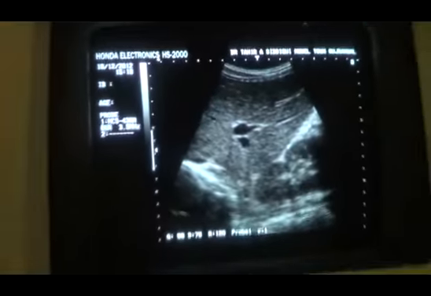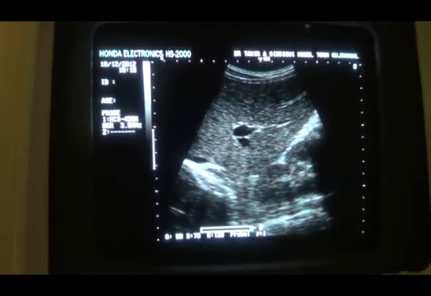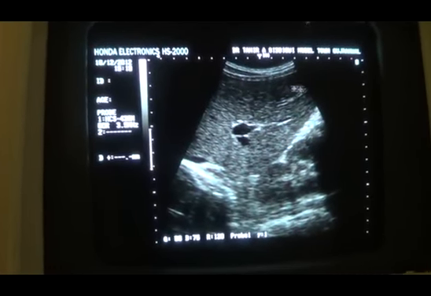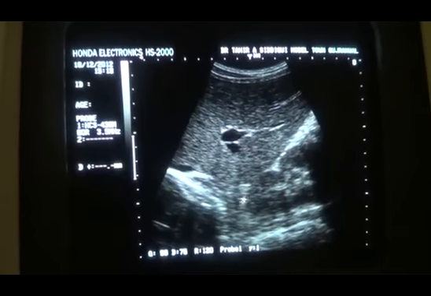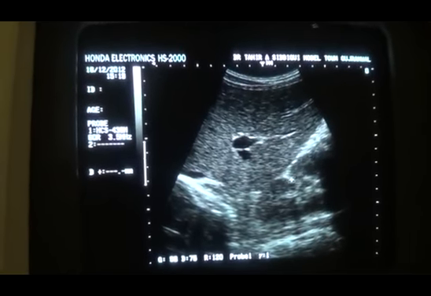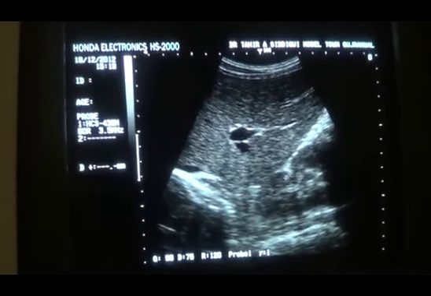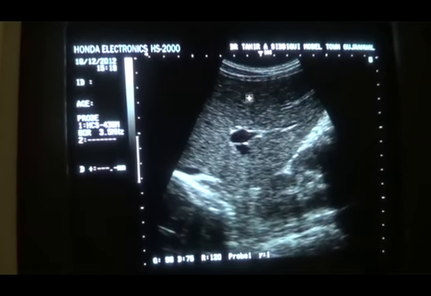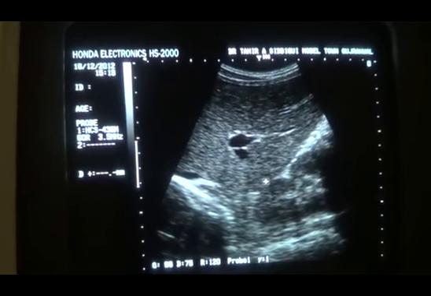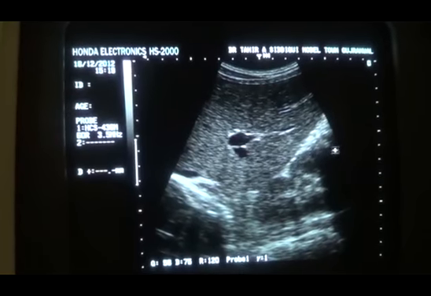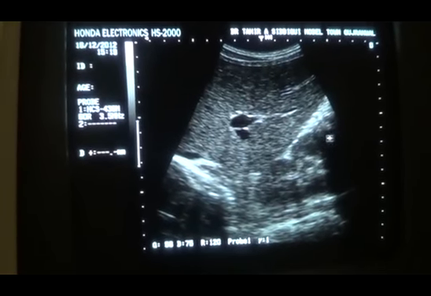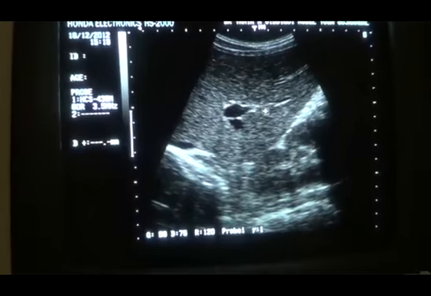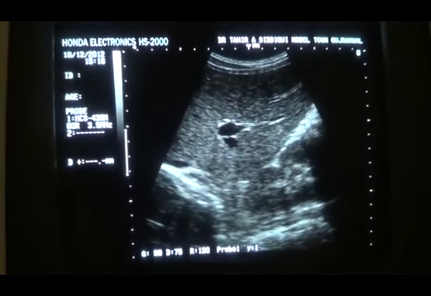parenchyma, you must note that this is the liver parenchyma and this is the renal parenchyma. In this case, the echogenicity of the liver is almost equal to that of the renal parenchyma, and this is considered to be normal.